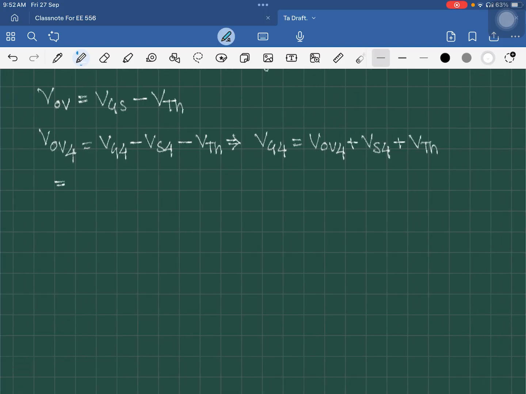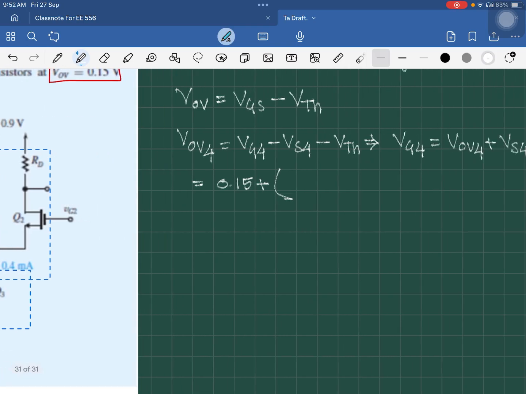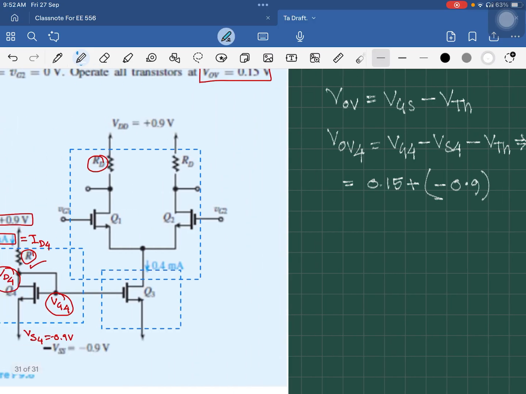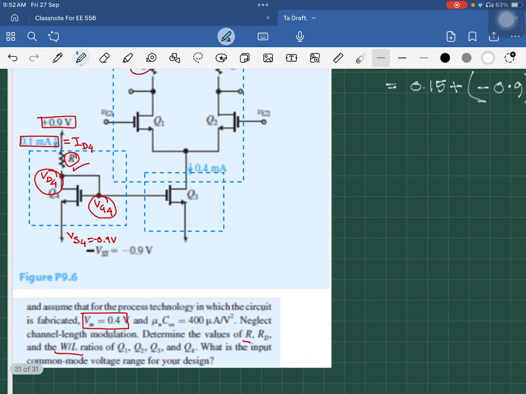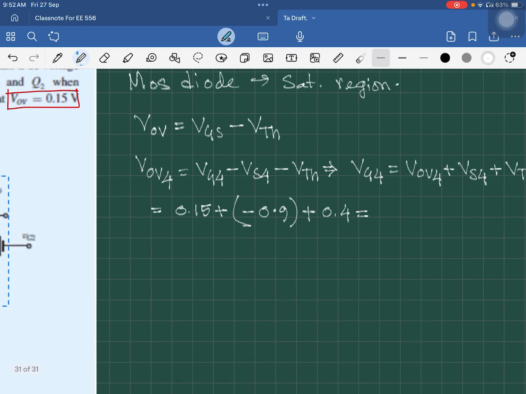That would be our V overdrive, 0.15, plus our VS, minus 0.9, plus our V threshold, 0.4.